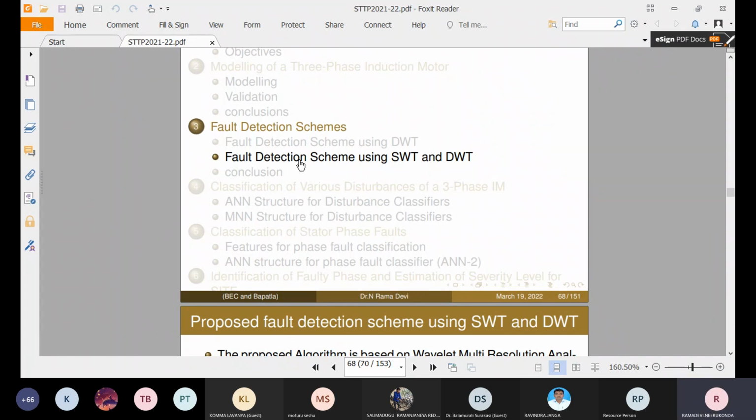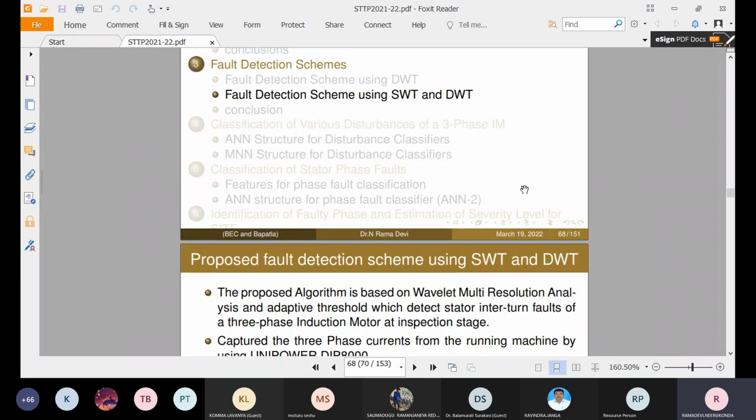For that purpose, we use the SWT along with the DWT. What is the meaning of SWT? SWT is the stationary wavelet transform. In the discrete wavelet transform, the signal is passed through two filters, a low pass filter and a high pass filter.